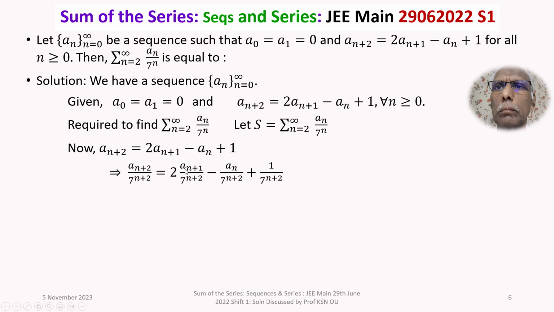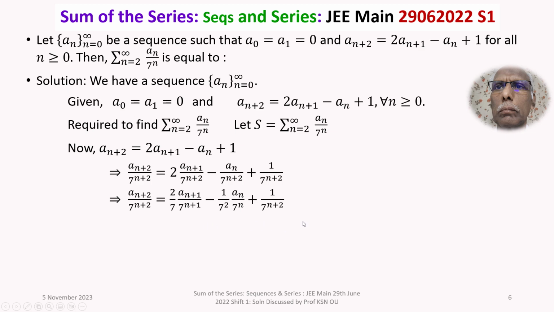We write it as a_(n+1) by 7 to the power of n plus 1, adjusting the terms with 1 by 7. Minus a_n by 7 to the power of n plus 2, where we take out 1 by 7 square, giving 1 by 7 square into a_n by 7 to the power of n. The last term we keep as it is. So we get 2 by 7 here, minus 1 by 49, and we get this relation.